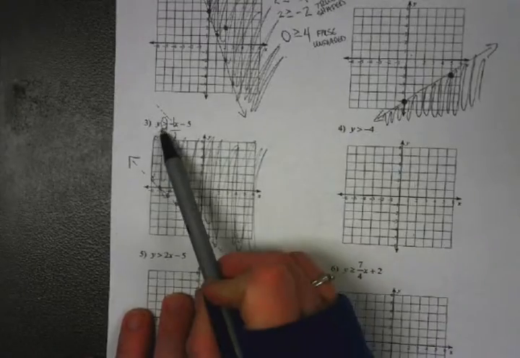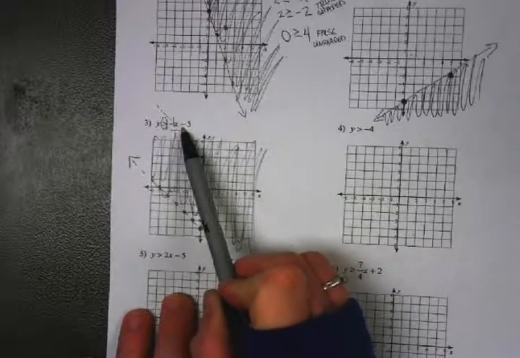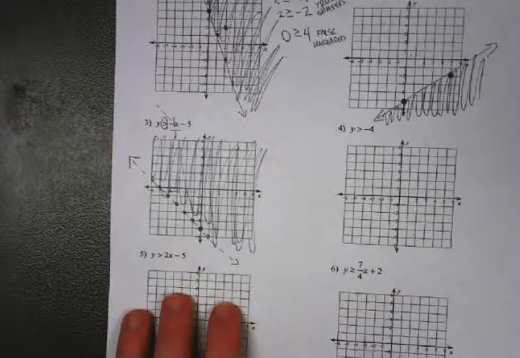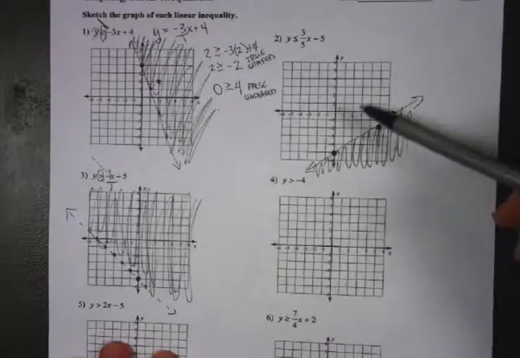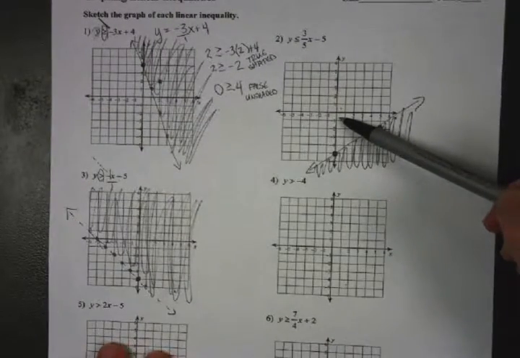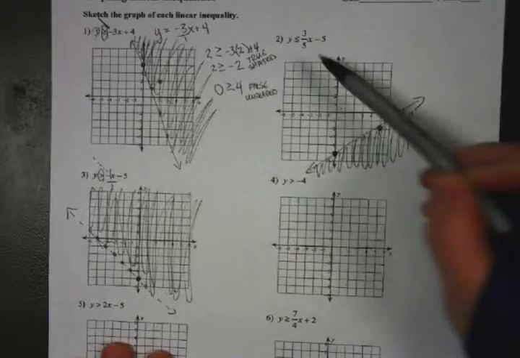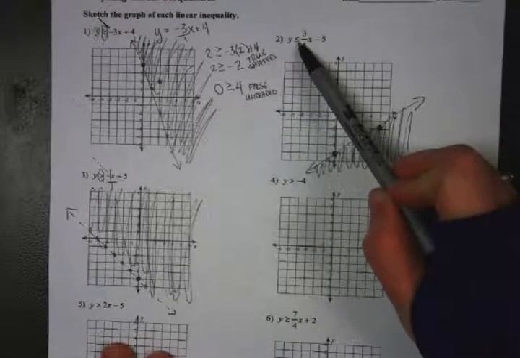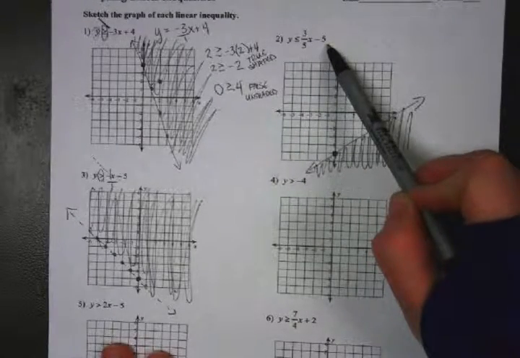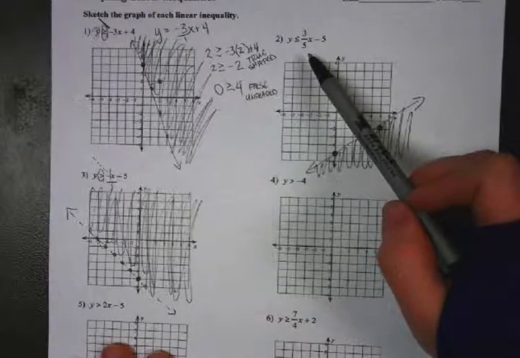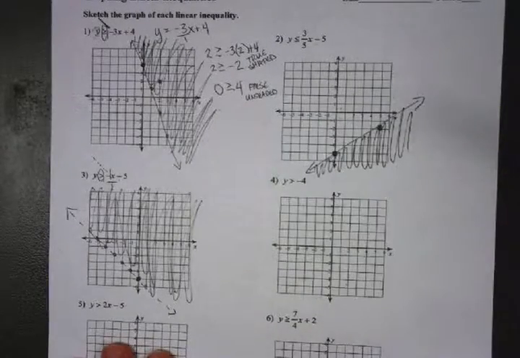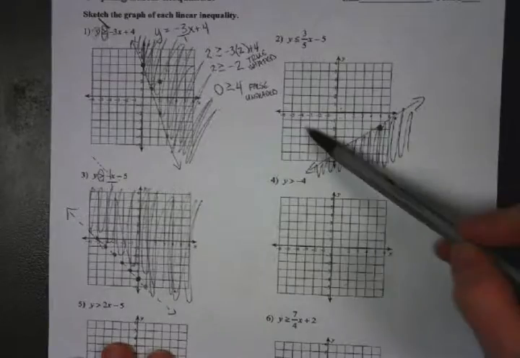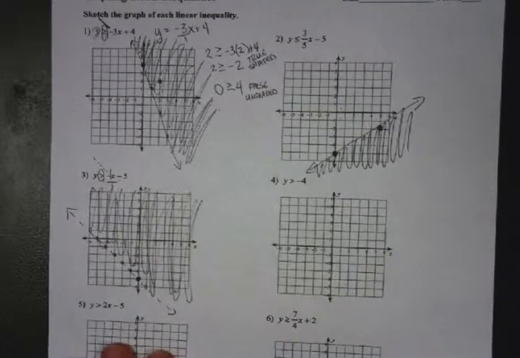So really quick, is 0 greater than -5? Yes, it's true. We didn't check up here, but should the origin be true or false there? It should be false. Is 0 less than -5? No, which is false, and that's why it's not shaded.